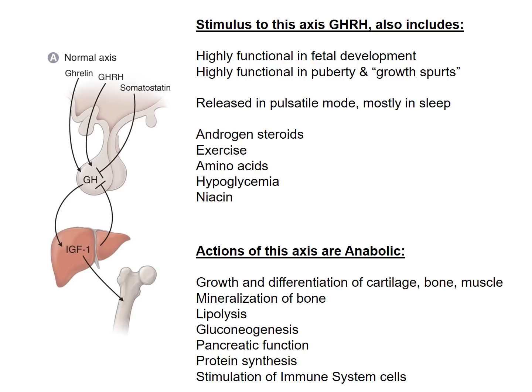We break down fat with growth hormone and IGF-1. We produce more glucose. We go through gluconeogenesis. It's important in pancreatic function, extremely important in protein synthesis. And where cortisol is our anti-inflammatory, tamper down the immune system hormone, growth hormone and IGF-1 can actually stimulate the immune system.